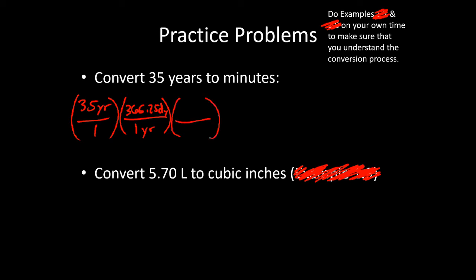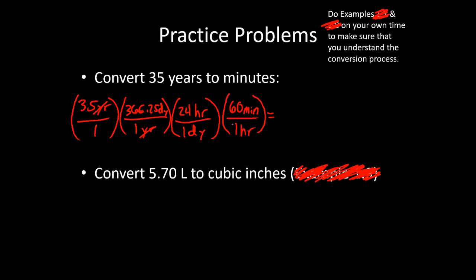All right, so we've now converted out of years into days. We also know that for every 1 day, there are 24 hours. And we know that for every hour, there is 60 minutes.